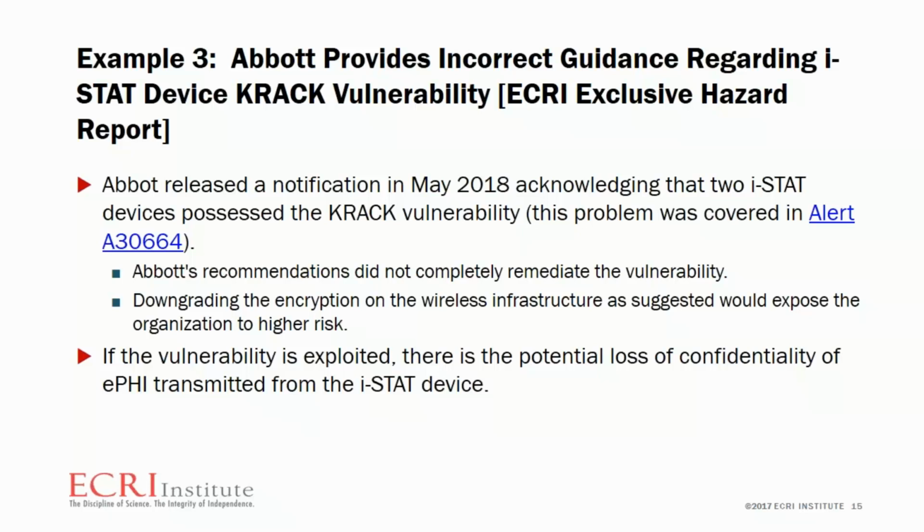The initial notification essentially focused on outlining that if there's a concern with the WPA2 encryption, hospitals should utilize other ways of encrypting, but that effectively means in this case using web encryption. And overall, the vulnerability had the potential to cause loss of confidentiality of ePHI.